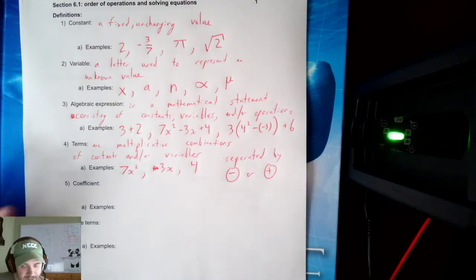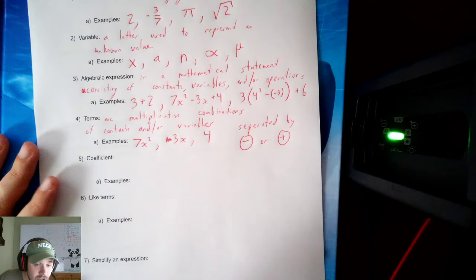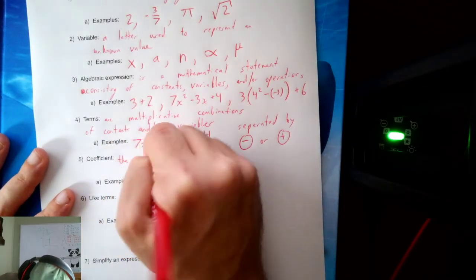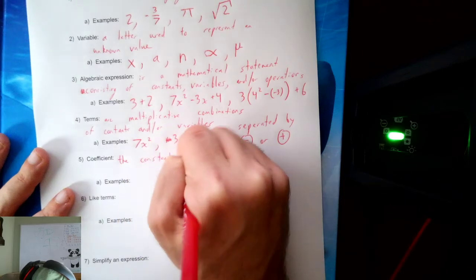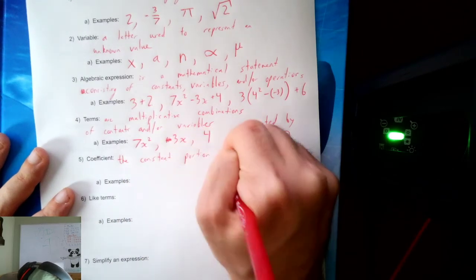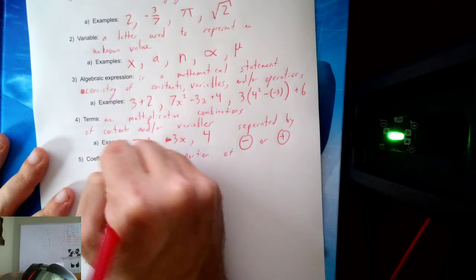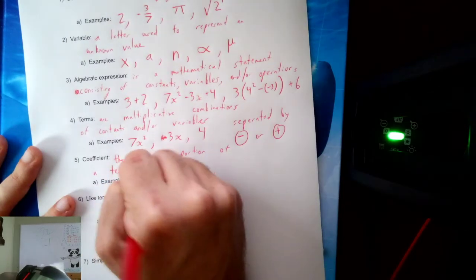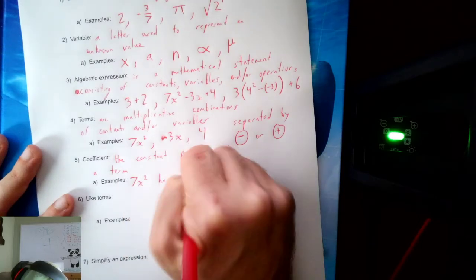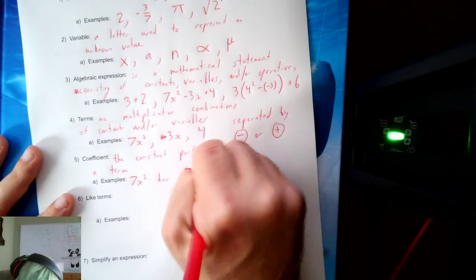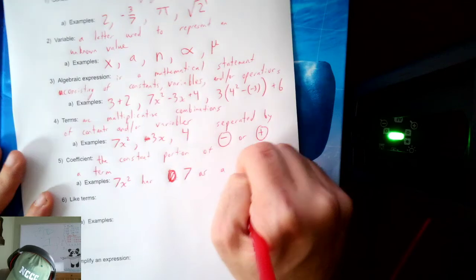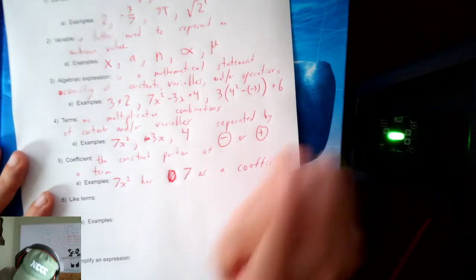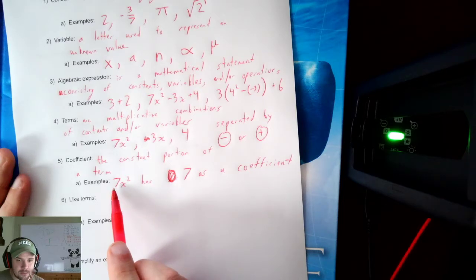Next, we have a coefficient. This is the numerical portion of a term, the constant portion. For example, 7x squared has 7 as a coefficient. 7 is the numerical part, right?